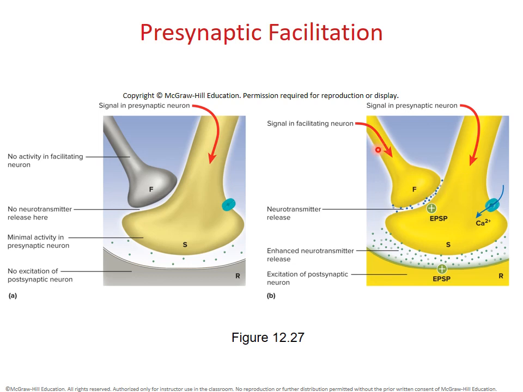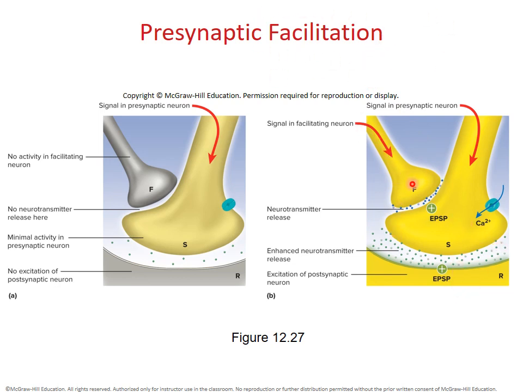And so what this facilitating neuron is actually doing is changing the behavior of this presynaptic axon terminal, causing it to release more neurotransmitter than it normally would. Well, by releasing more neurotransmitter, it's going to have a greater effect on the postsynaptic cell membrane. And so we have facilitated this synapse, right?